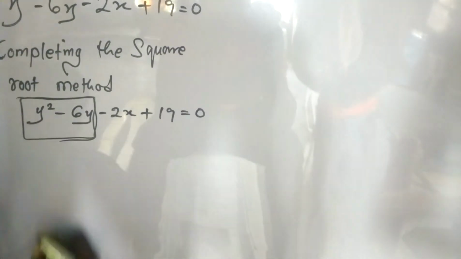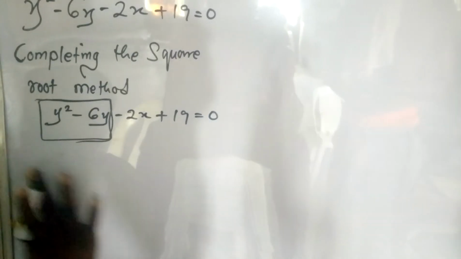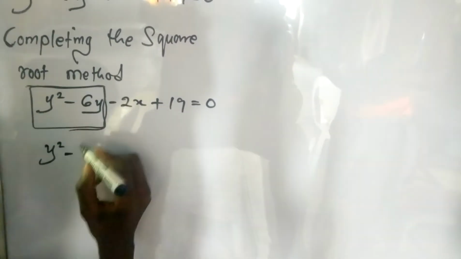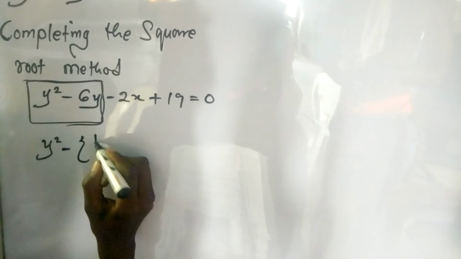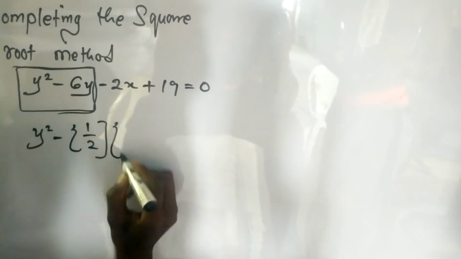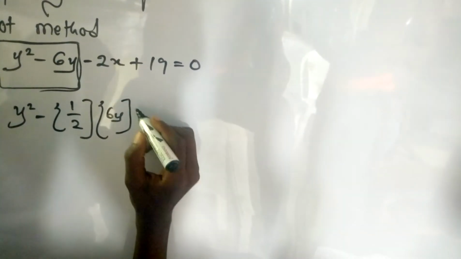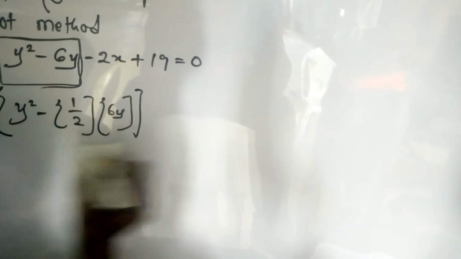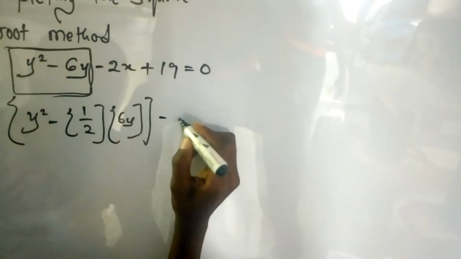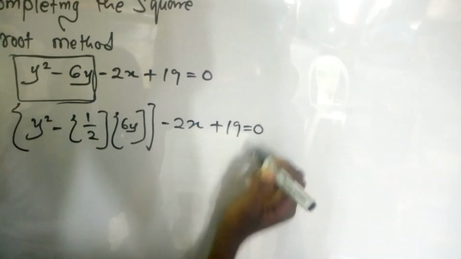So you are going to have y squared minus open bracket 1 over 2 close bracket open bracket 6y close bracket, then minus 2x plus 19 equals 0.